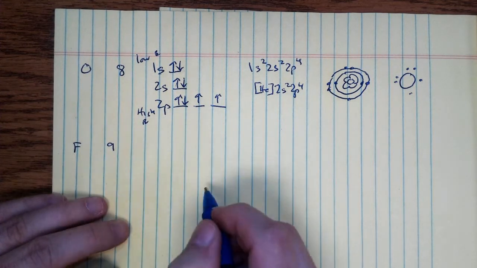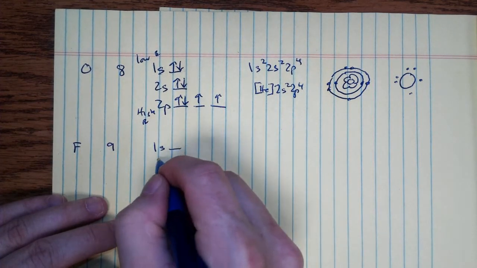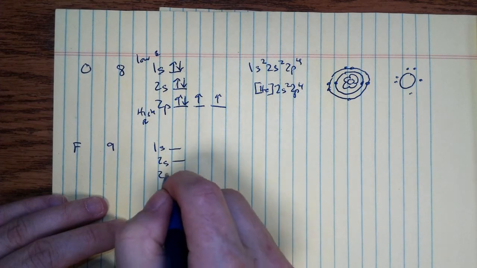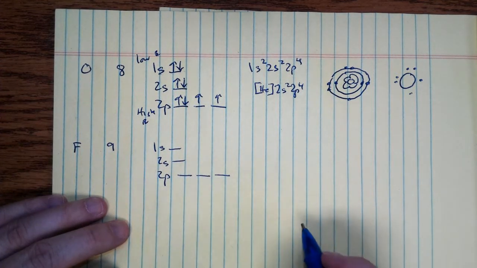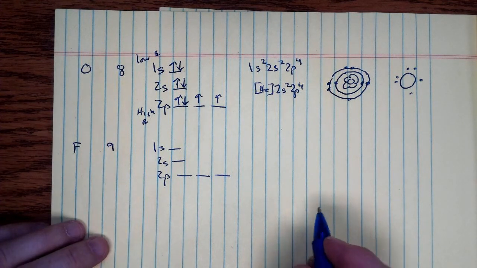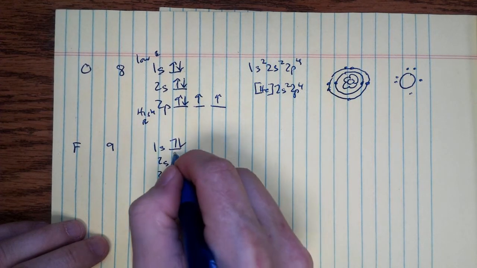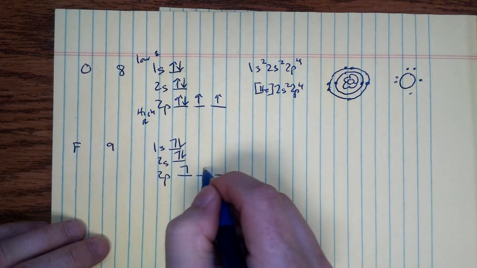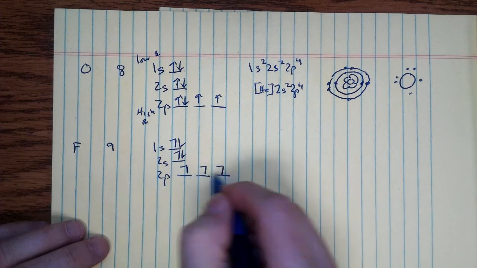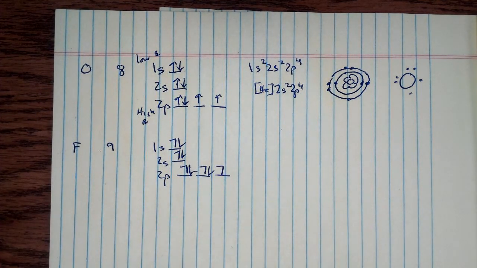Number 9, and we'll still go on this easy way. And then we're going to put in 9 electrons. 1, 2, 3, 4, 5, 6, 7, Hund's rule, 8, 9. Again, you can put half arrows or full arrows. I want you to get used to seeing either one. Either one is correct.